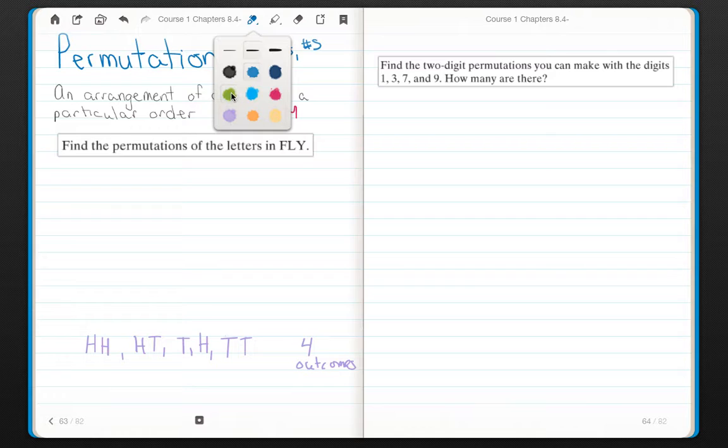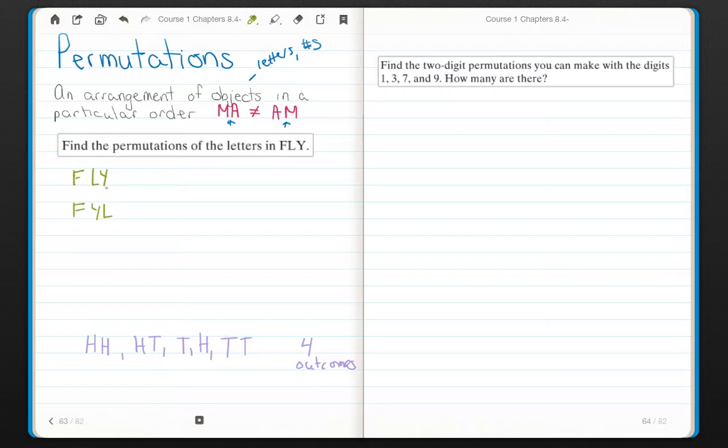So find the permutations of the letters in the word fly. Well, I have the obvious, the first one, fly, F-L-Y. So keeping the F first, I can change the order of these 2 letters, F, Y, L. Even though they have the same letters, because the letters are arranged in a different order, they are their own independent events.